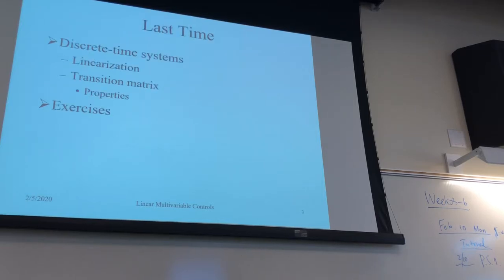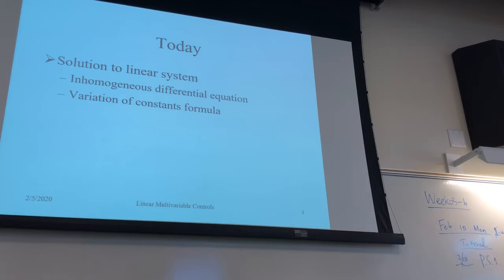So let us recall what we did last time: discrete time systems. We talked about discrete time linearization and its transition matrix. We spent time also on the discretization part. All those are recorded. Today we are going to focus on the solution, the whole solution.